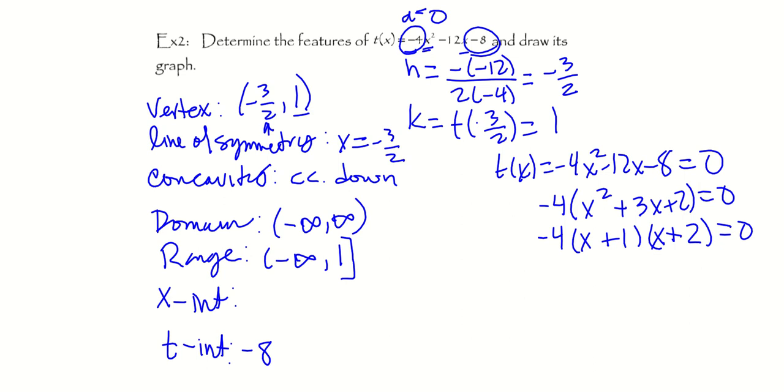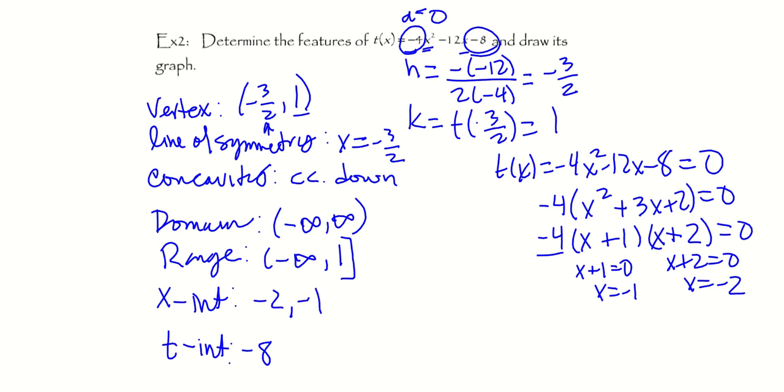So I set each factor equal to 0. -4 will never equal 0. It's always -4, so there's no solution from there. X plus 1 equals 0 gives me x equals -1. X plus 2 equals 0 gives me x equals -2. So my x-intercepts are -2 and -1.